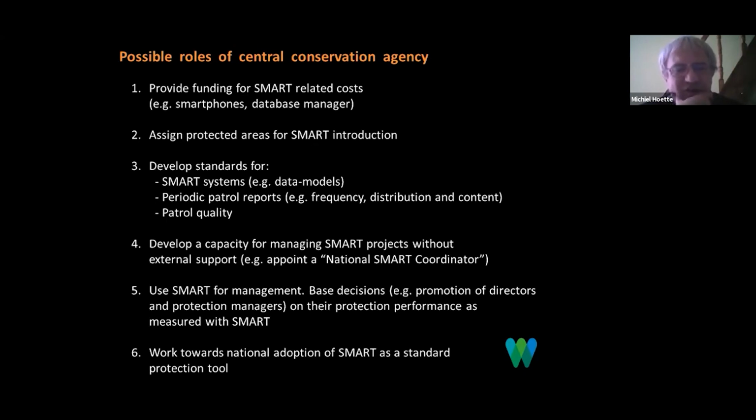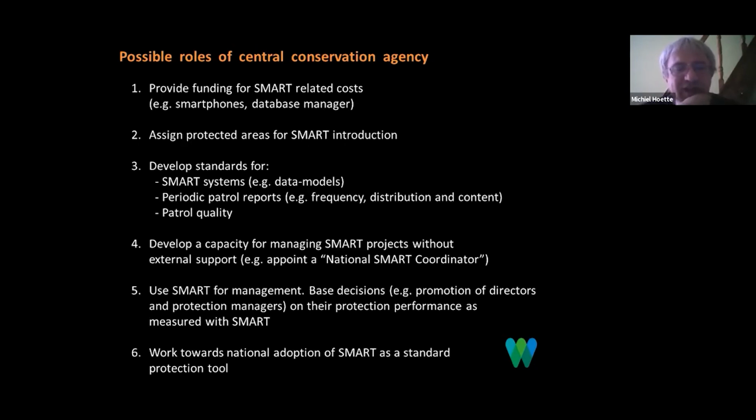You can also point out that SMART is a really good management tool, not only at site level, but also at the central level. If they get these periodic reports and annual in-depth reports, it really gives a good picture of what is going on at the individual sites. And they could start to base their management decisions on SMART information.